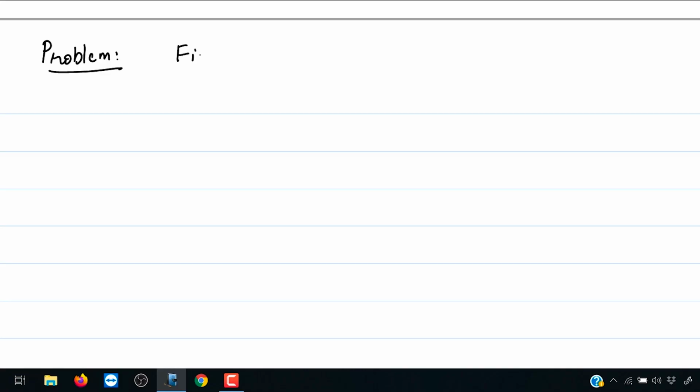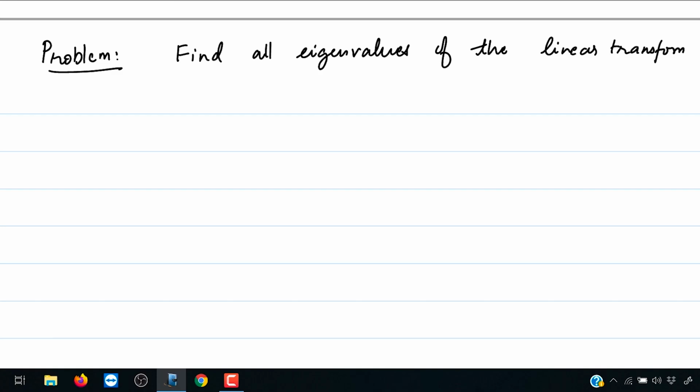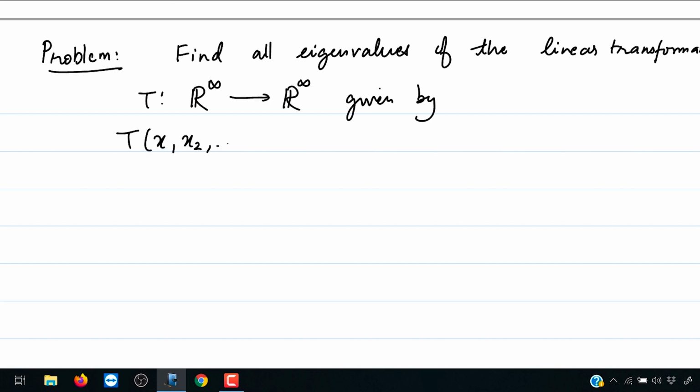Find all eigenvalues of the linear transformation T from R infinity to R infinity given by, this is the left shift operator. If you recall what that is, T of (x1, x2, ...).